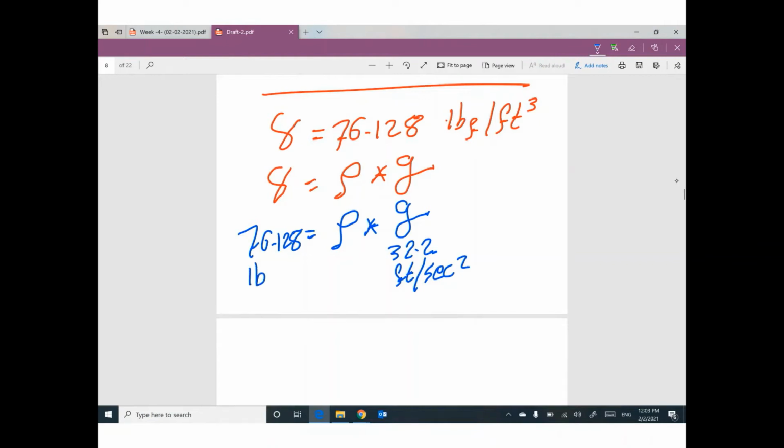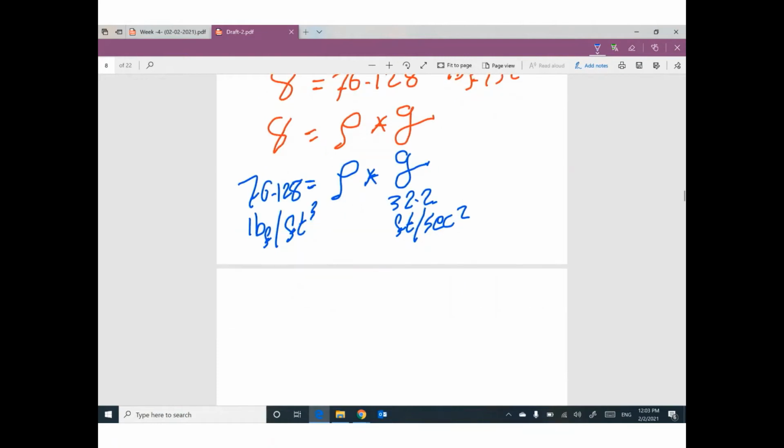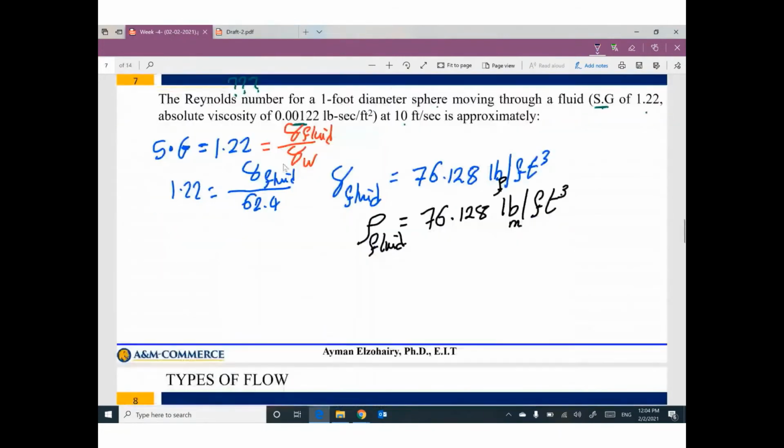This one is pound force per cubic feet. So for the final answer rho to be in pound mass, I need to divide by g, another g, to convert it to pound mass per cubic feet. Your value will be the same, 76.128, because this term will cancel this one. Anyway, if you are talking about US units, gamma will be the same value as rho, but a different unit. This one is pound force, this one is pound mass.